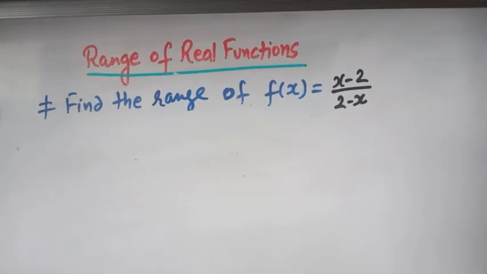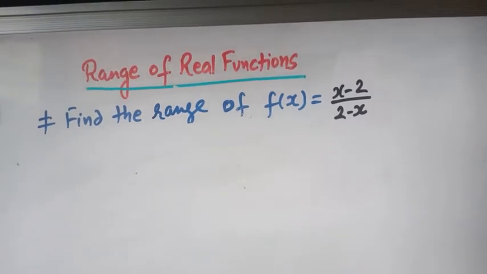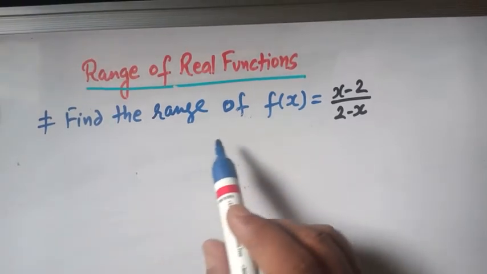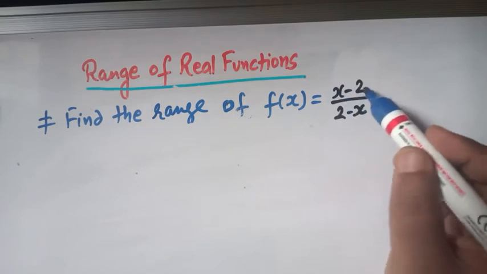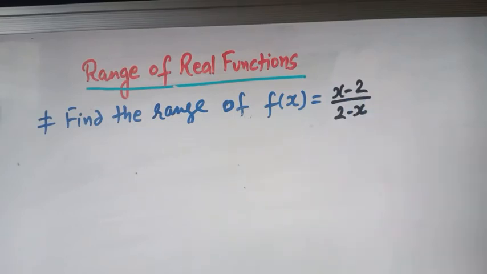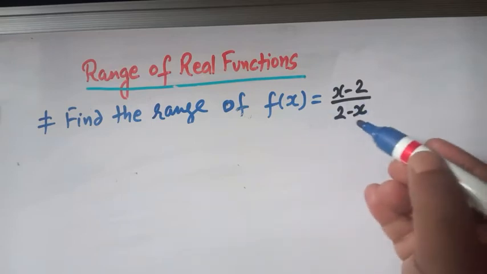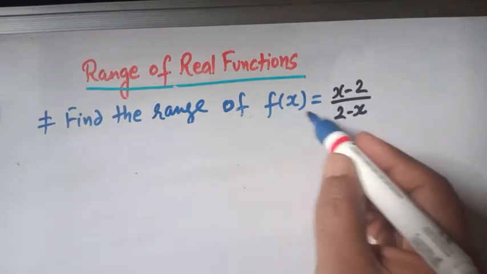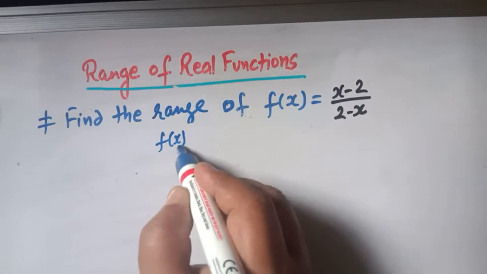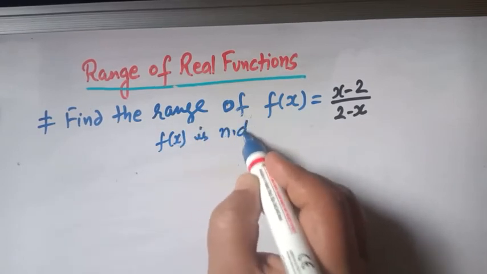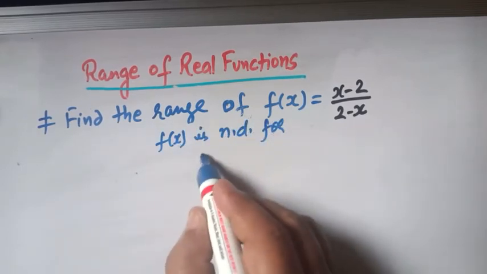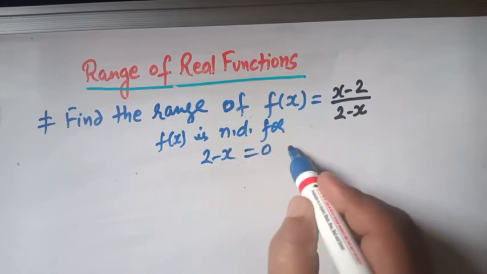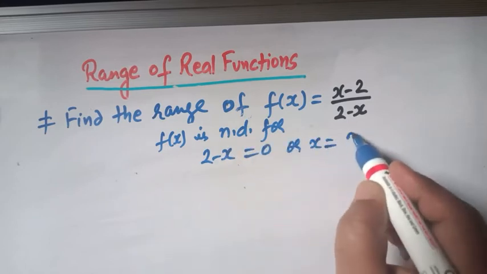Viewers, now let us take this example. Find the range of f(x) is equal to x minus 2 over 2 minus x. Now what is the domain of this function? So obviously we see that the function f(x) is not defined for 2 minus x is equal to 0, or x is equal to 2.